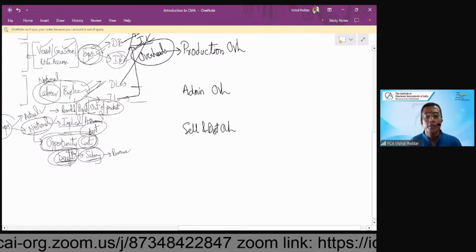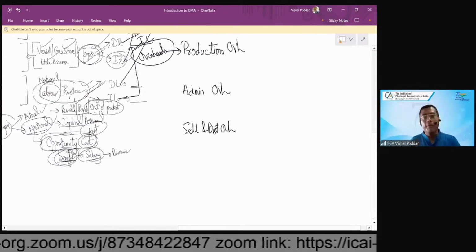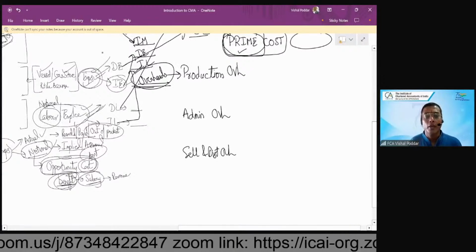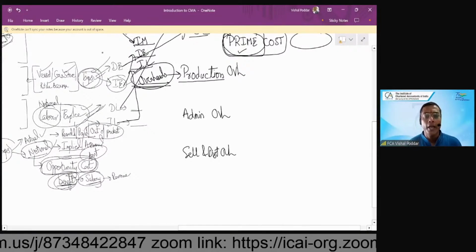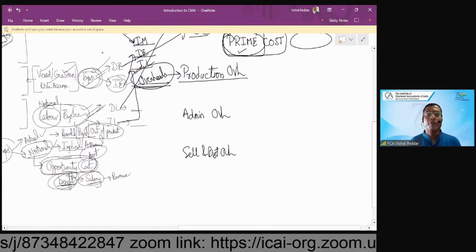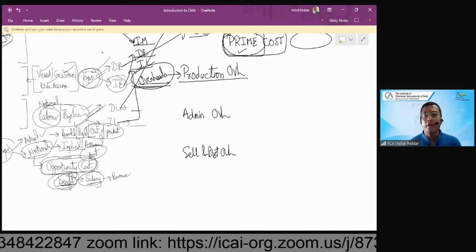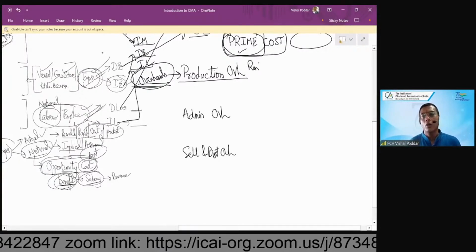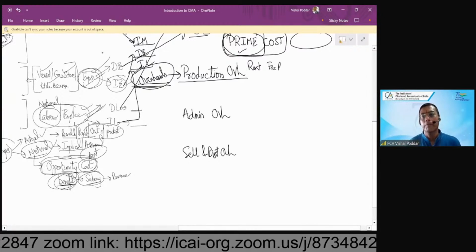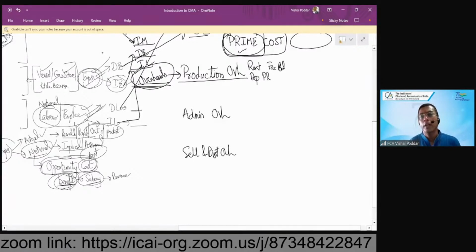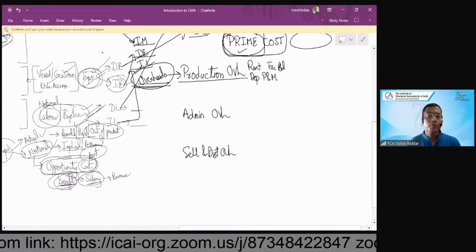So what I am doing is, I am reclassifying the overheads on the basis of the functions for which these overheads are used. So all my indirect cost related to the factory, related to production function, related to the manufacturing function, like rent of factory building, depreciation of my plant and machinery, right?